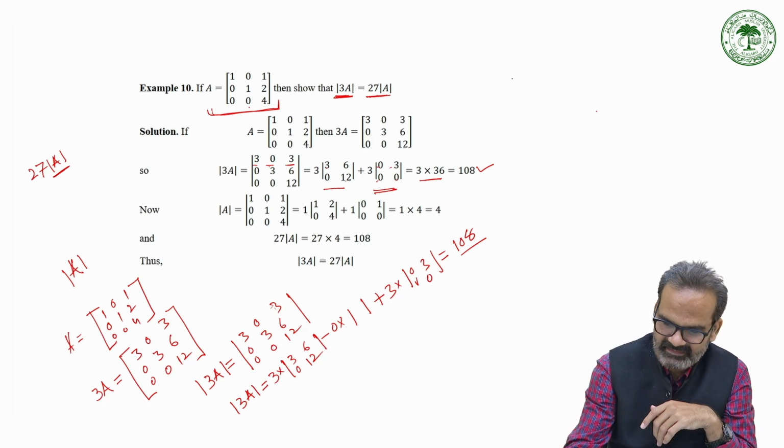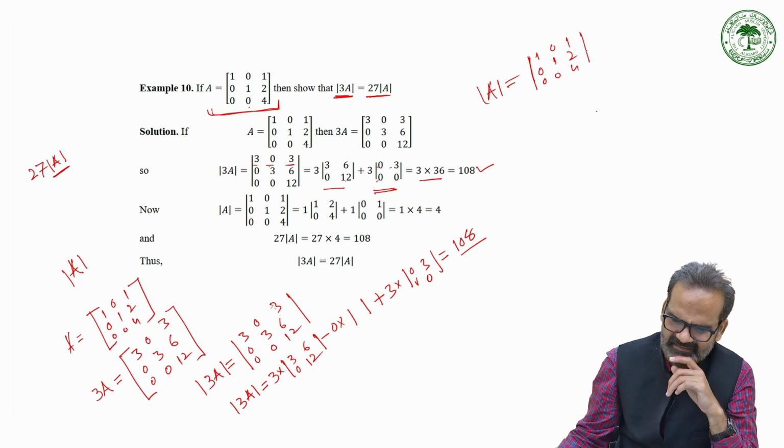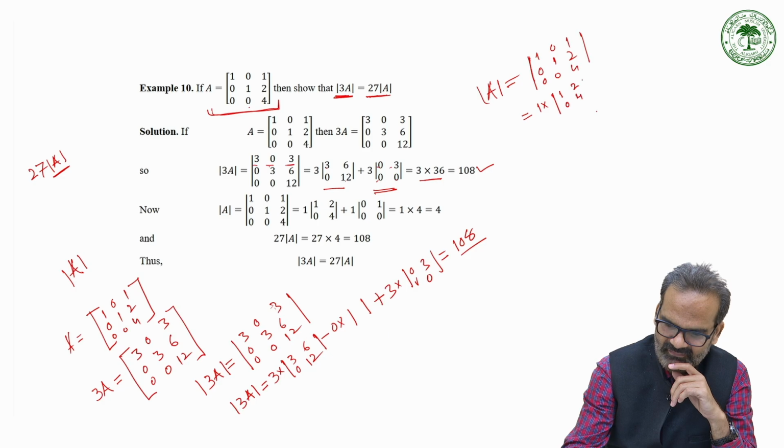The determinant of A is equal to what? 1, 0, 0, 0, 1, 0 and 1, 2, 4, right? Expand it along any row or any column. We are expanding it along the first row, 1 into what is left here, delete this row and this column, what you will get? 1, 0, 2, 4, minus 0 into anything you will get 0.